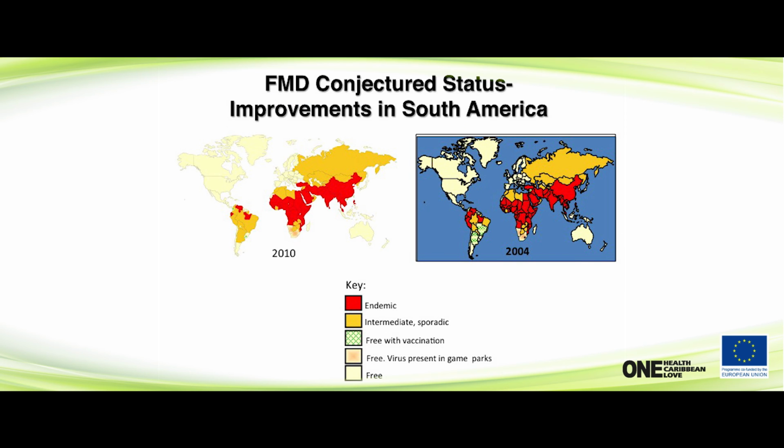And then there is a large part that is free with vaccination. And then you can see some other countries such as Venezuela, Ecuador, Suriname, and parts of Amazonia in Brazil, which are not yet officially free, but which have not actually had any outbreaks.